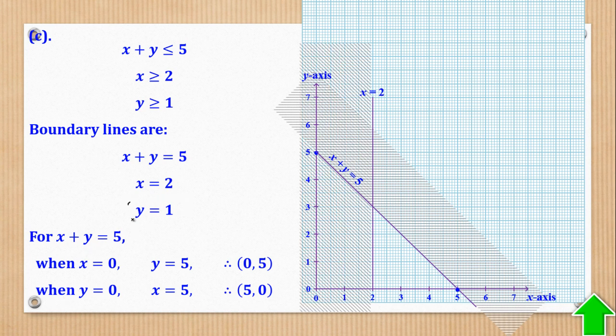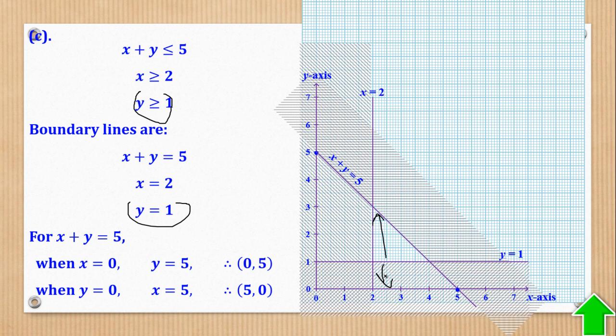Next is y equal to 1, the horizontal line through 1. The side here, y is greater than or equal to 1, so greater than is this side, and I'll shade the unwanted. And basically this is the representation they wanted. So this will be the number of flat irons and cookers possible.